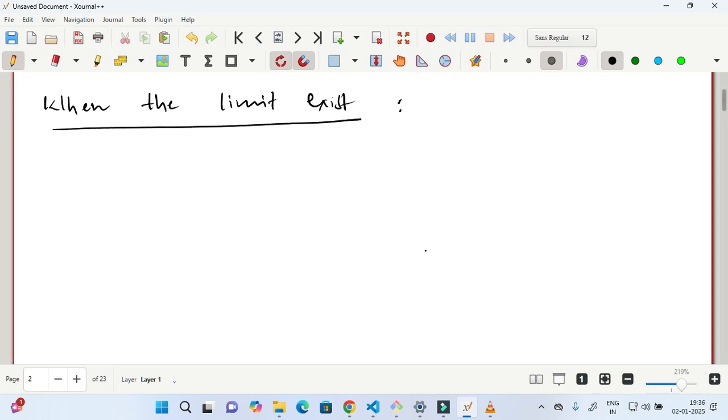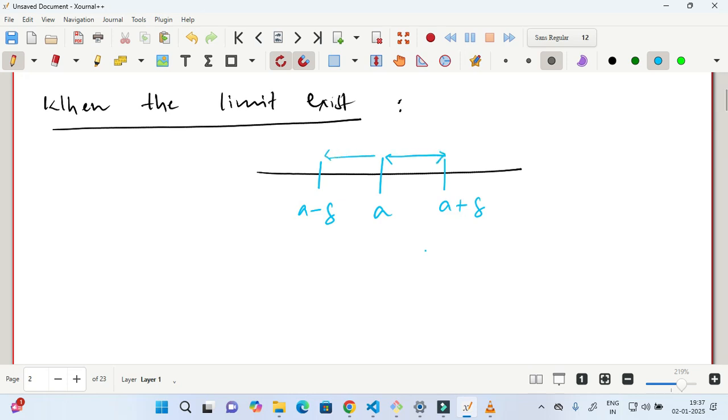So take this as a line, and this is a point A, this is a point A minus delta, and this is a point A plus delta. This is very small, negligibly small, in the order of 0.0001.